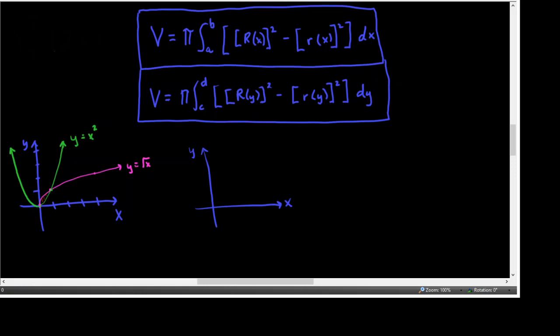But anyway, there's the complete graph of each one. The part I'm interested in is the part that looks like this for y equals x squared. So I'm zooming in on the part I want to focus on. And this being y equals square root of x. There's a nice big picture that we can draw on and see what's going on.